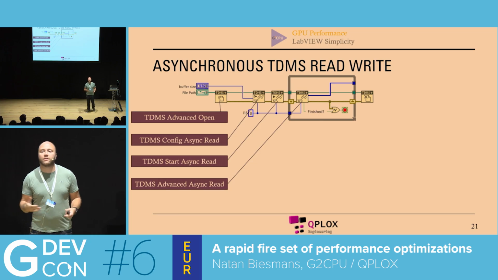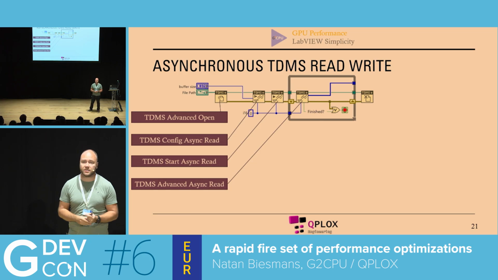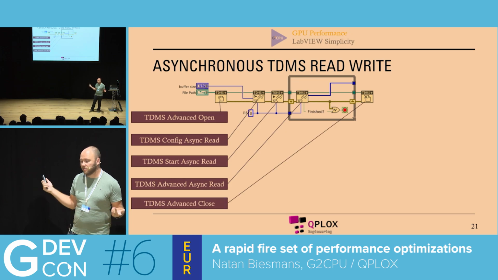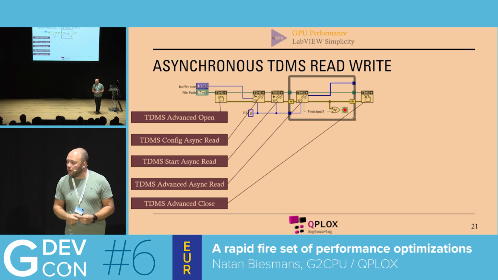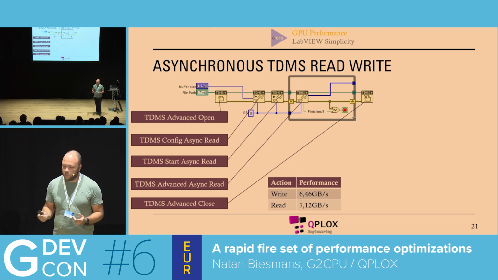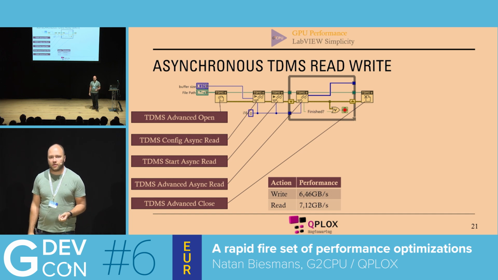With reading, I mean whenever a thread is ready and has data available, it will send it to the asynchronous reads, and we can send it over with a queue to another thread to do further analysis, and it's the same for writing. And then once we're done, we close it. With 2 extra VIs, we drastically improve performance.